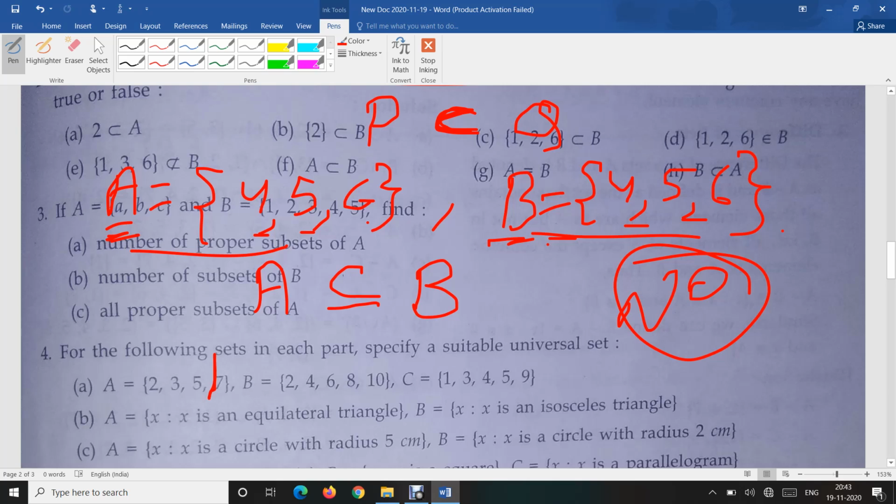So we cannot say that, because these are equal sets. A and B both have the same elements, which are 4, 5 and 6. So A is not the proper subset of B because the elements are the same.